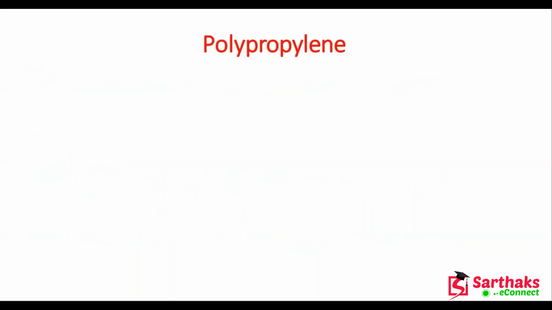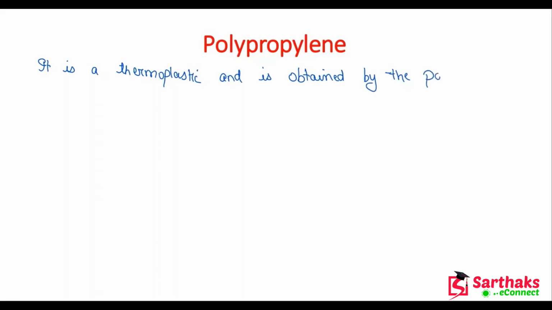Polypropylene is a thermoplastic and it is obtained by the polymerization of propene monomer. It is a rigid and tough plastic.